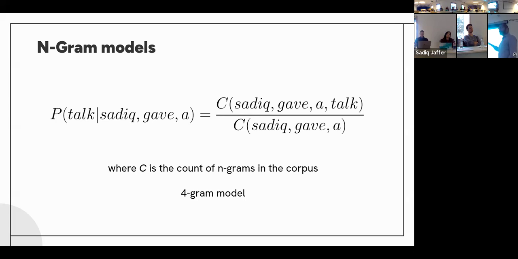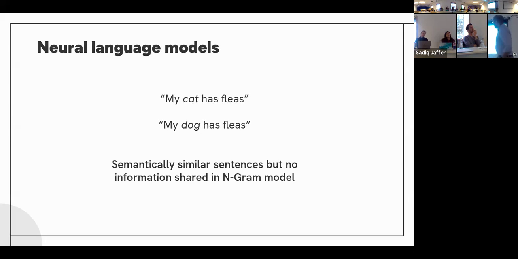But they can give you some reasonable results even for short n-grams, and you can do some tricks around sparsity and that kind of thing. But fundamentally, the approach is limited, right? Not just because of the blow up you get, but also because they don't exploit the information in semantically similar sentences. So let's look at these two sentences.